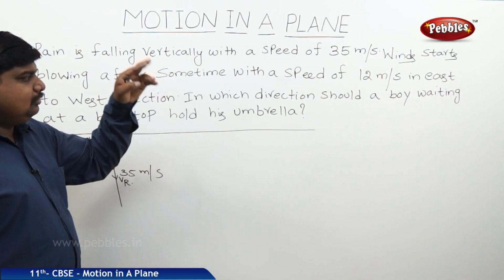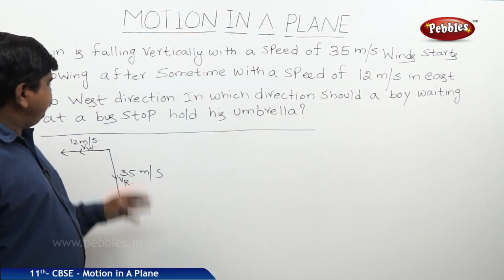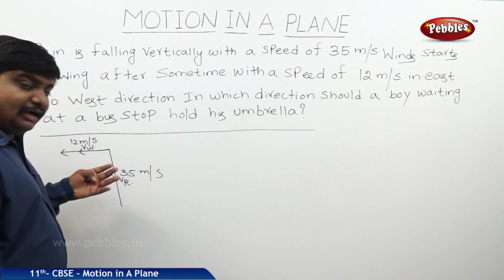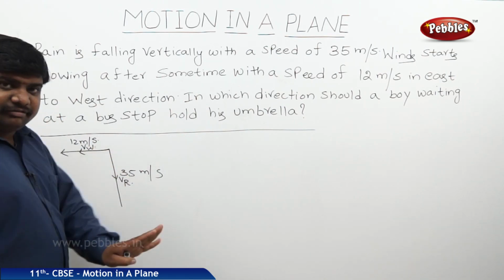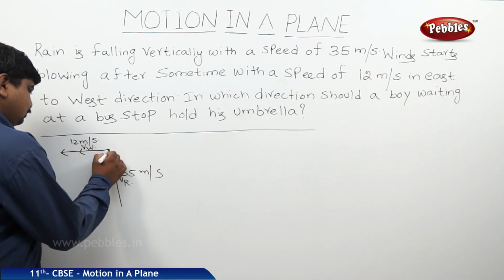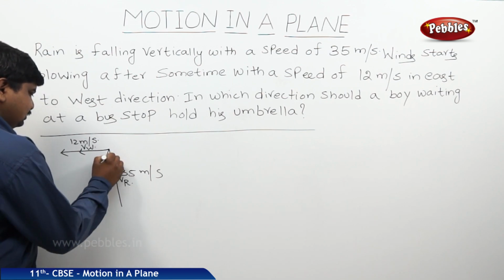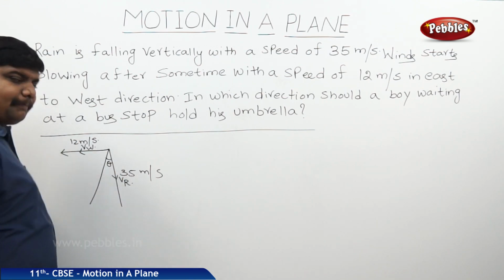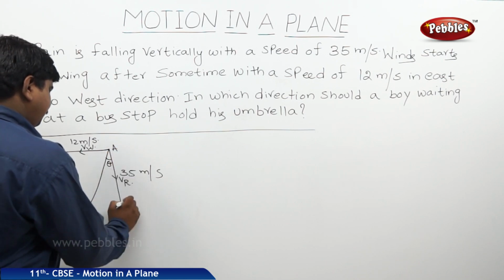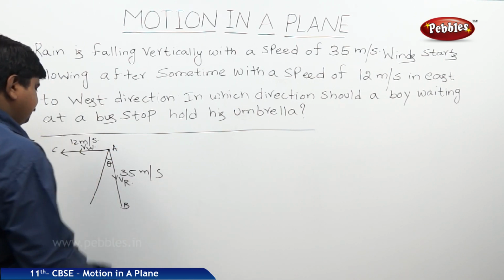We should find out in which direction should a boy waiting at a bus stop hold his umbrella, means we should find out theta. Before going to find out theta, we should find out the resultant velocity also. So this is the angle made. So from this, let us say this is AB and AC.